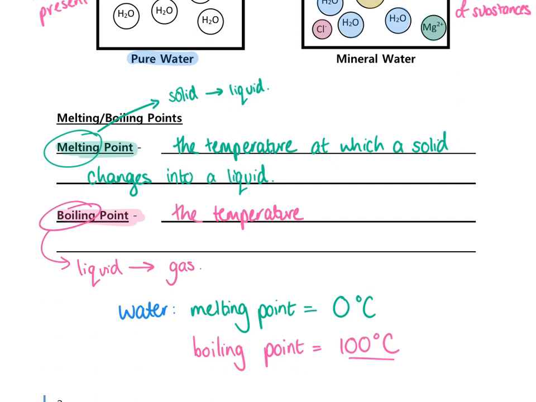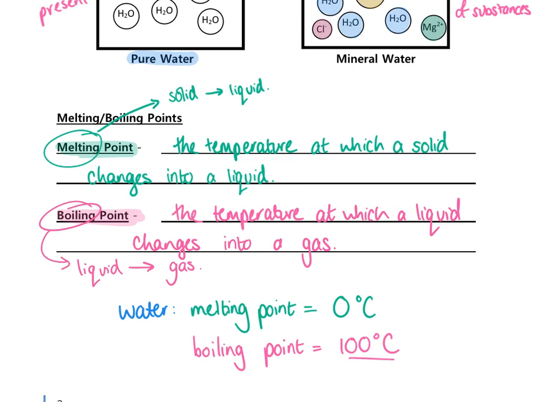So where the definition of melting point is the temperature at which a solid changes into a liquid, boiling point is the temperature at which a liquid changes into a gas. So if we use the example of water here, 100 degrees C is the temperature at which water changes into steam. So melting point is the temperature at which a solid changes into a liquid.